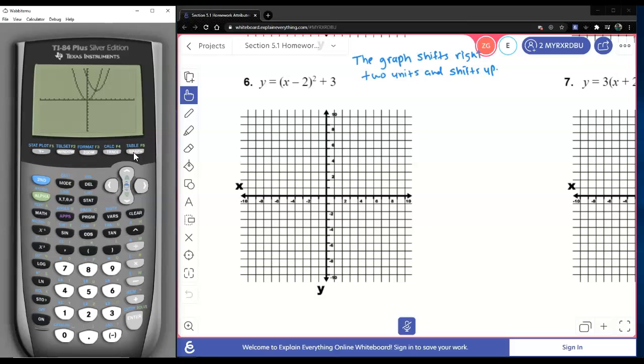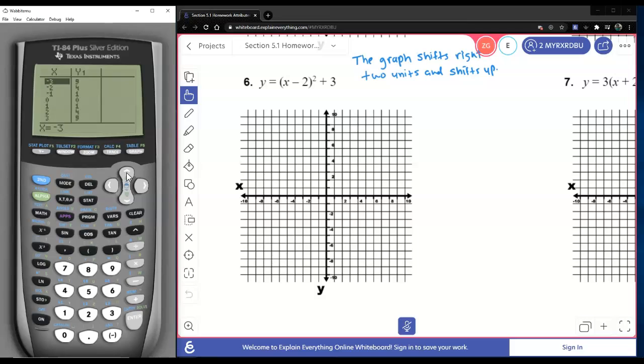the parent function. What I'm going to do is go to the table again, or the y equals, and deselect the second one just so you can look at the table if you need to. Some of you might have this already memorized, but I'm going to have it up there. And we said we start with -3. And remember, you don't have to retype or do this table over and over again.